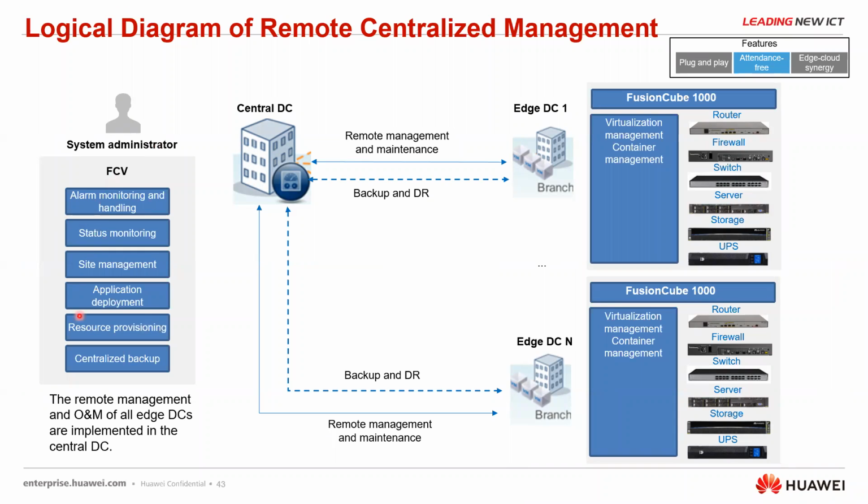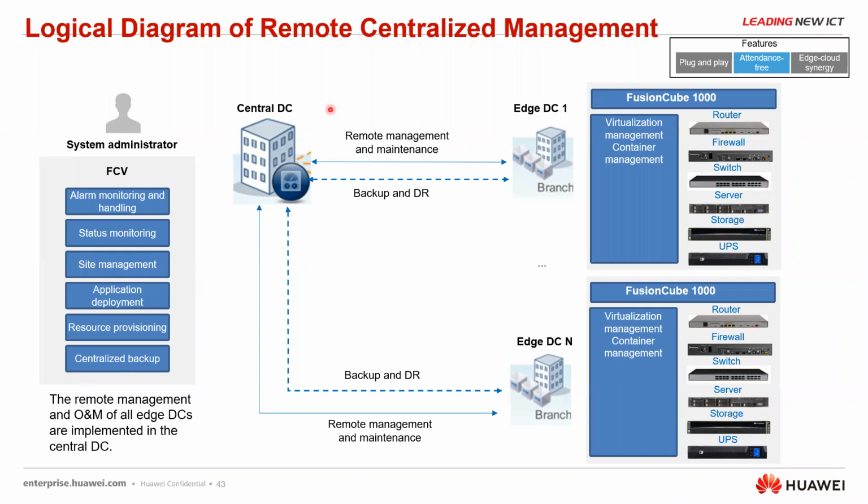Okay, and the FCV in-building function. As I mentioned, this is a remote management system. You can do alarm management, status monitoring, site management, application deployment. Application deployment means you can build up templates and push them to the system, along with resource provisioning and centralized backup.